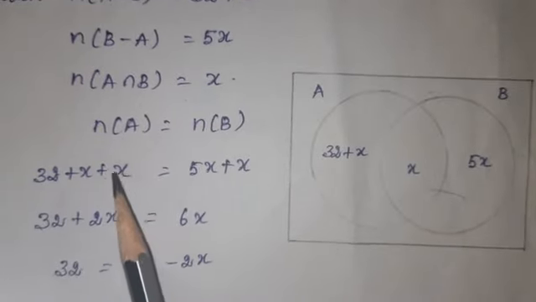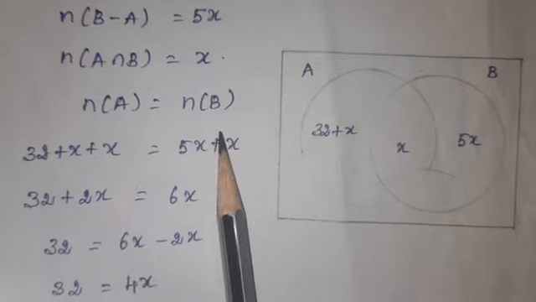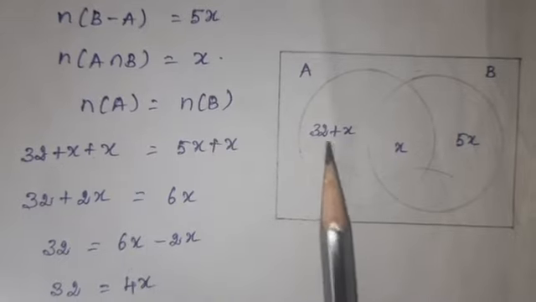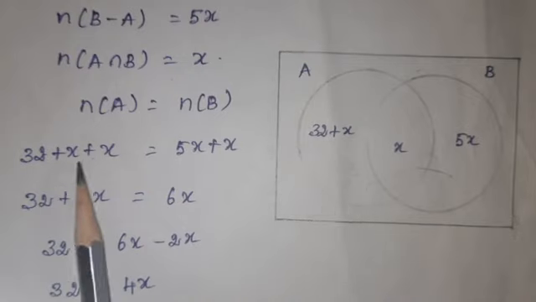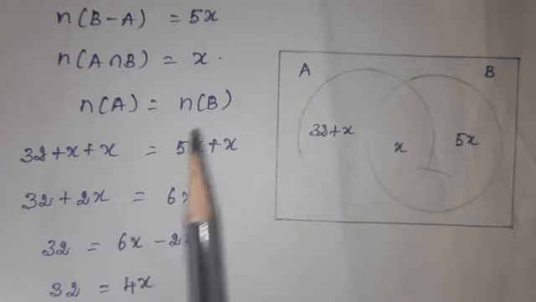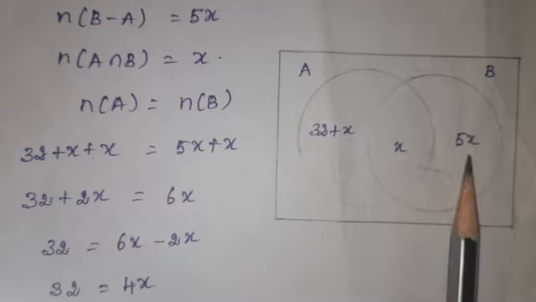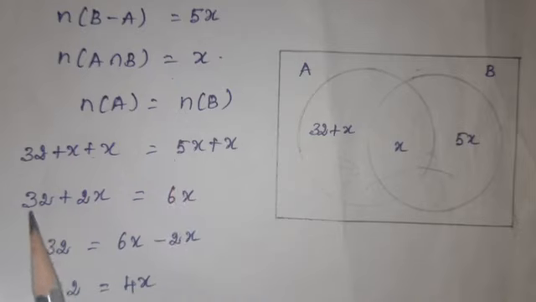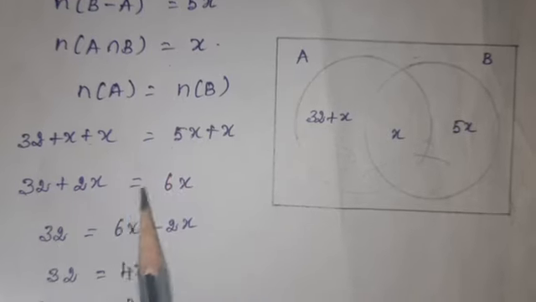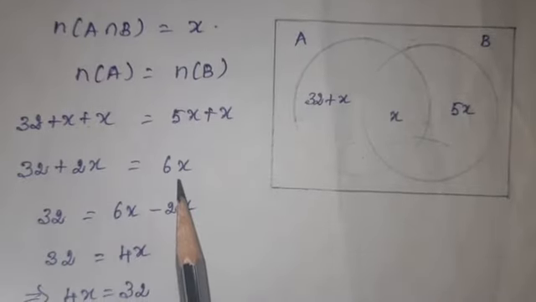Next, one condition they have given: n of A is equal to n of B. Both are equal. n of A means the full set A is included, that is 32 plus x, is equal to n of B, the full set, which has 5x and x. Here you should add 5x plus x, which is 6x.